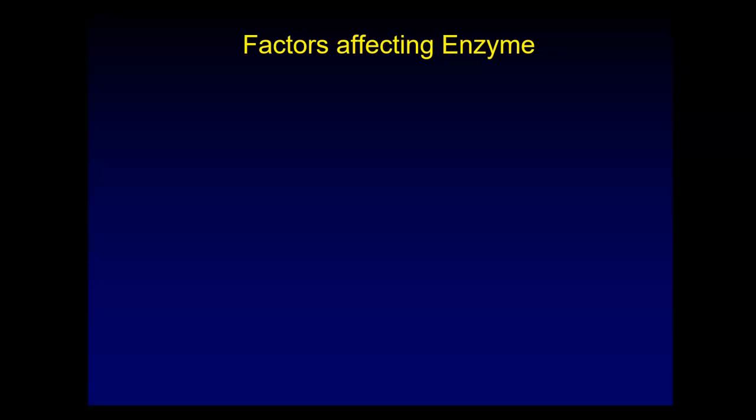Okay, guys, we are back, and so now we want to talk about the factors affecting an enzyme. Well, first of all, there's substrate concentration. An enzyme is only active if the substrate is present.